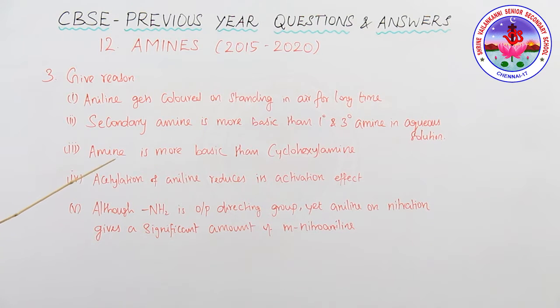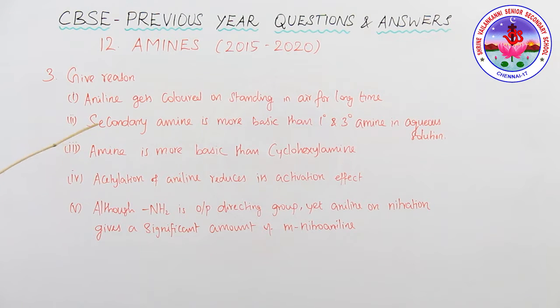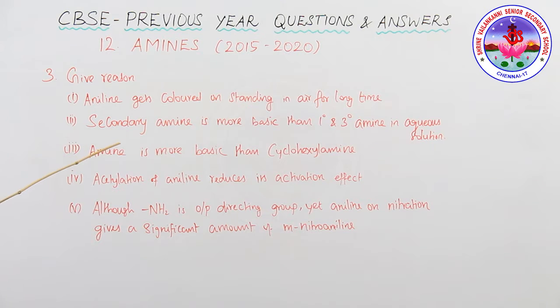Then the third question, aniline is less basic than cyclohexylamine. See here, in aniline the C6H5 group has an electron withdrawing nature. So the electron withdrawing group decreases the electron density on the nitrogen in aniline.